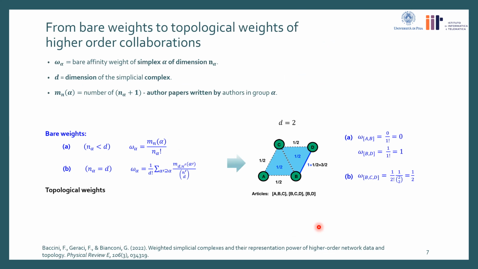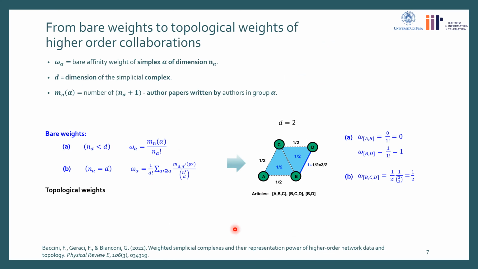Following this idea, we have a couple of formulas for the bare weights. I'm not going to give you the details, but they can be obtained from the idea that I showed you before. If you want the details, you can check the paper.